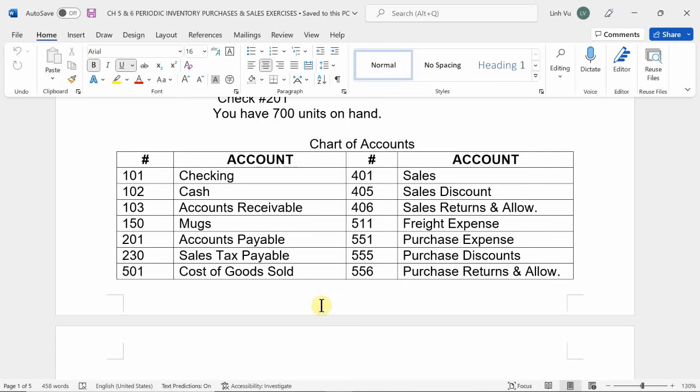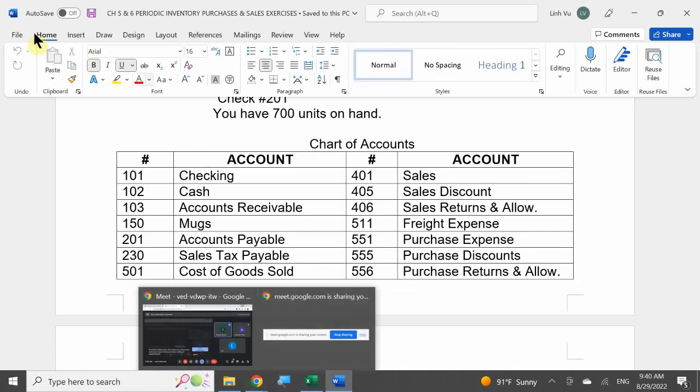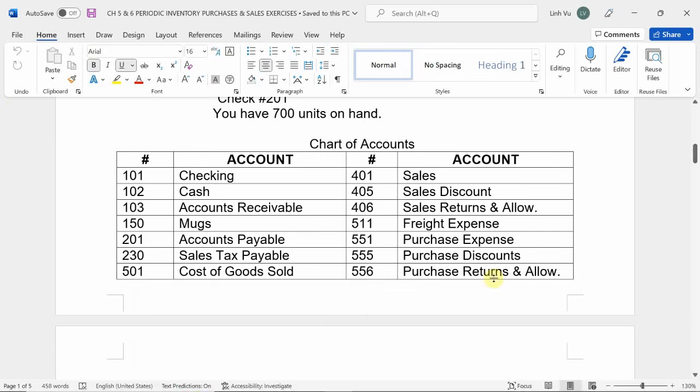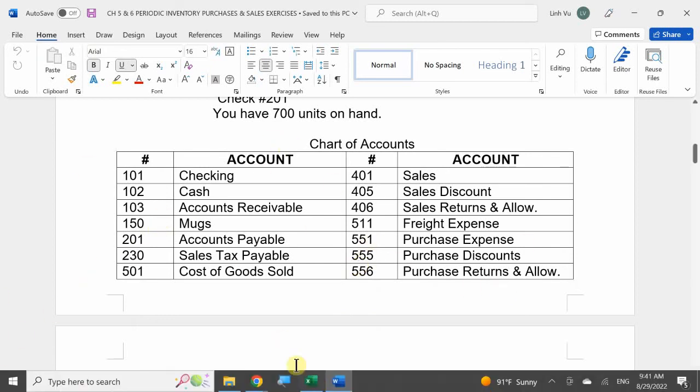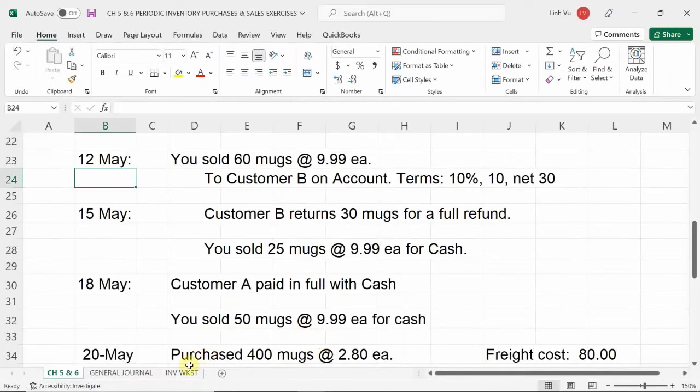Good. Now, how did customer B pay me? I think they did on account. Yes, so therefore, because they never paid me at all, we're going to reduce their account by how much the refund was for. So we're not going to give the customer money. We're going to reduce the amount that they owe us. So 103. Good.